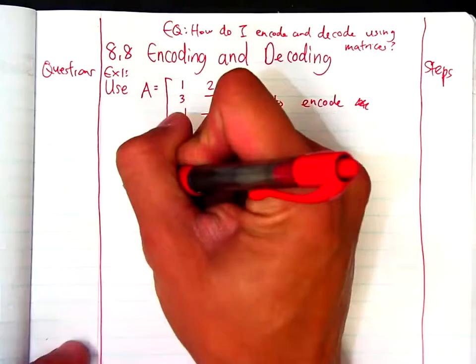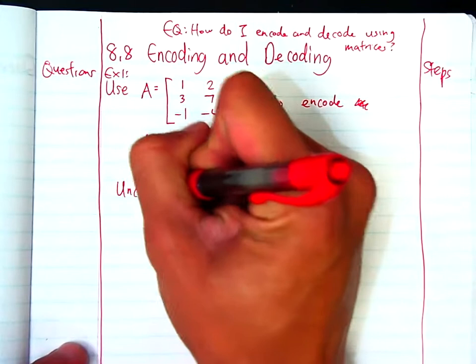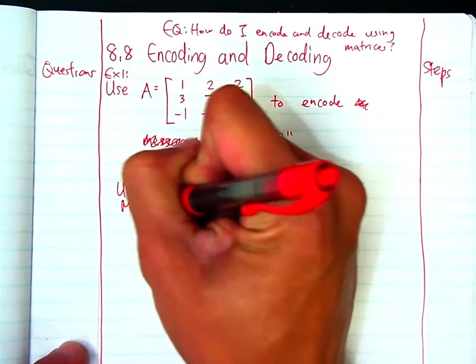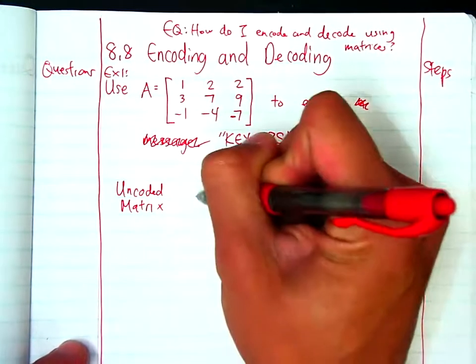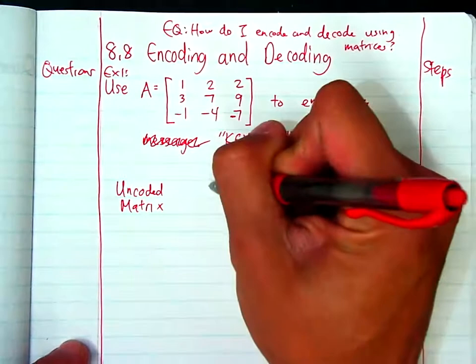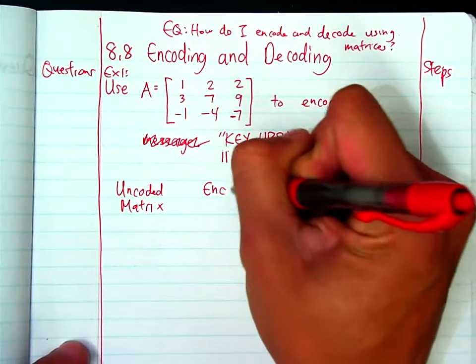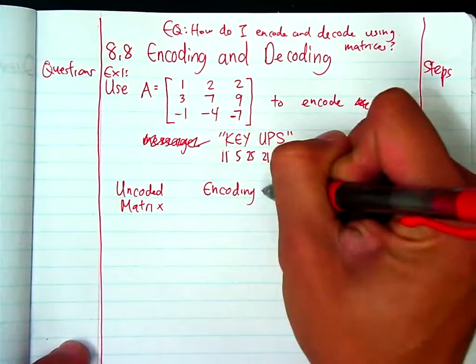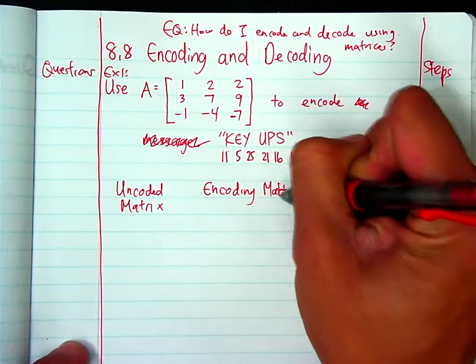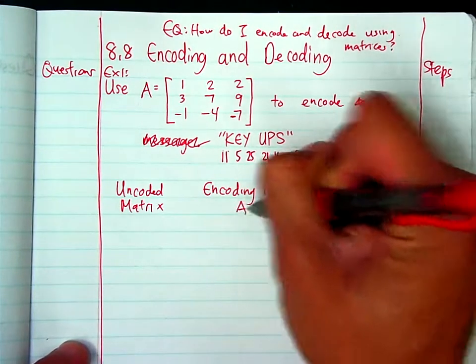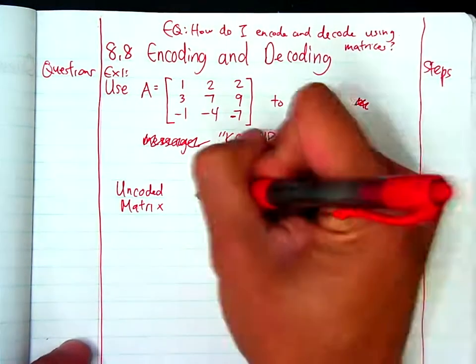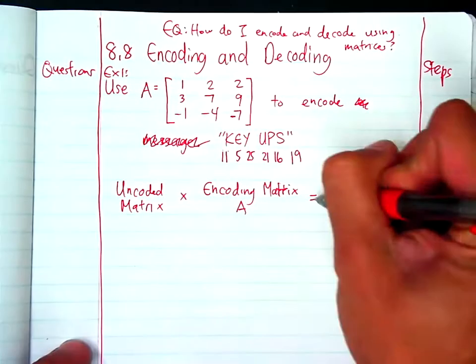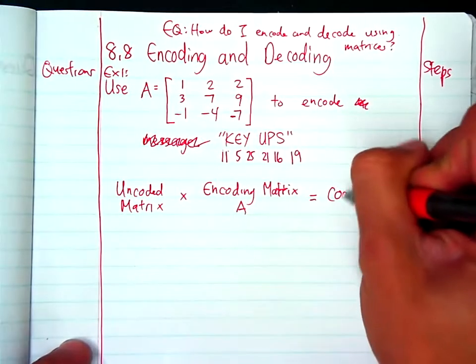I'm going to multiply the uncoded matrix by the encoding matrix A, and that is going to give me my coded matrix.